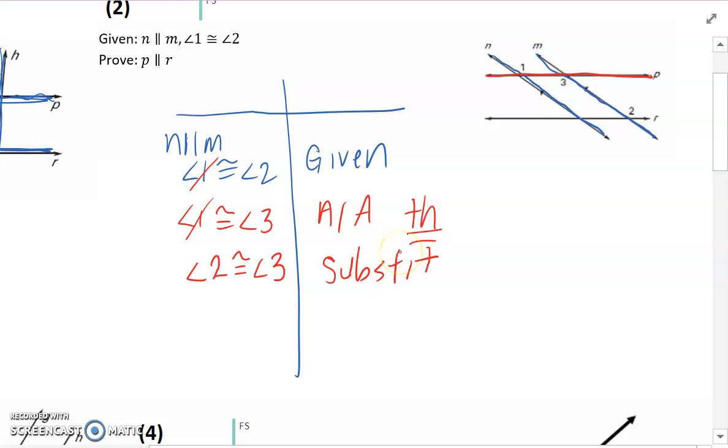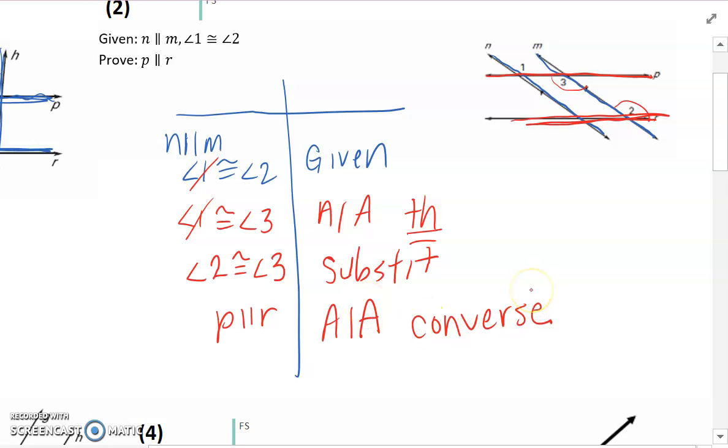And because of that, I can now see that 3 and 2 are alternate interior on that blue transversal, which then shows me P parallel to R. Alternate interior angles converse. You do need the converse if you are proving lines parallel.